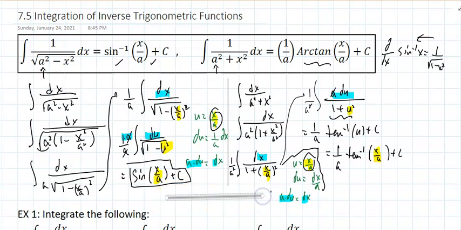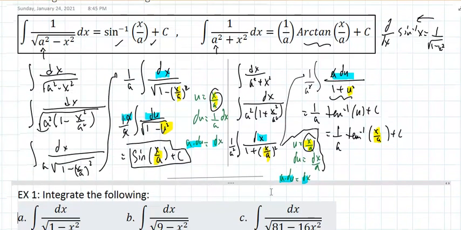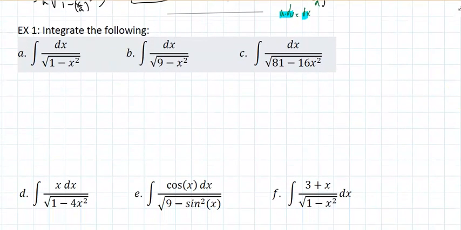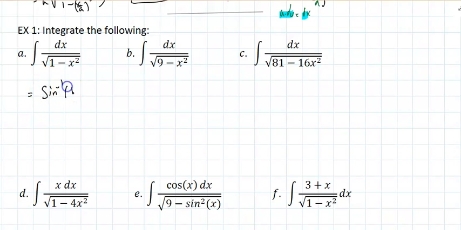And I could use that from now on without deriving that as well. So if I look at some of the examples that help us with the homework, the first problem is really straightforward, not much to do. This is direct. The integral of this will be simply the inverse sine of x plus c, because that's a 1 and it matches identically. No need to do any work whatsoever.